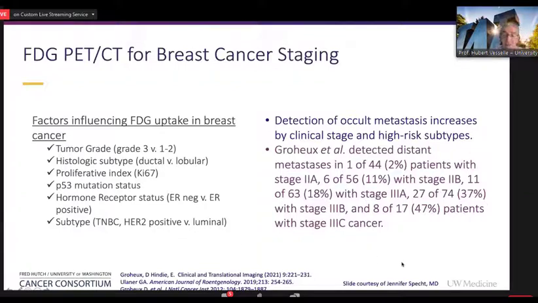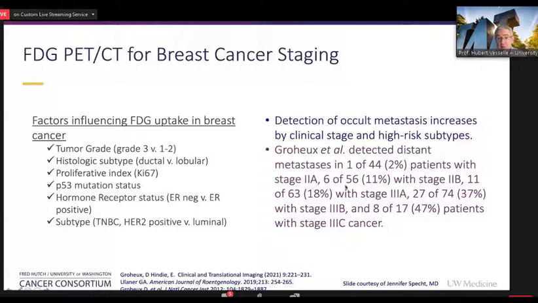So how useful is FDG PET when it comes to staging breast cancer patients? Well, there is detection of occult metastases that increases with clinical stage and high-risk subtypes. There's a study by Groheux et al. in 2012 where they studied patients with stage 2A, 2B, 3A, 3B, and 3C. They found unsuspected distant metastases in 2% of patients with stage 2A.